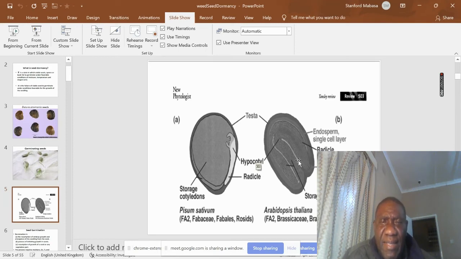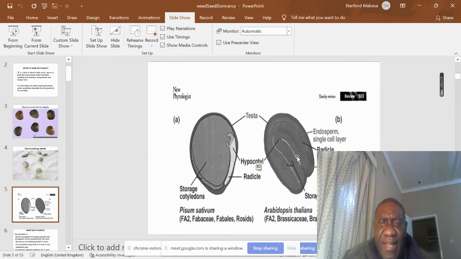If we examine the internal structure of the weed seeds, you may find that they already have radicles inside them. They also possess cotyledons.